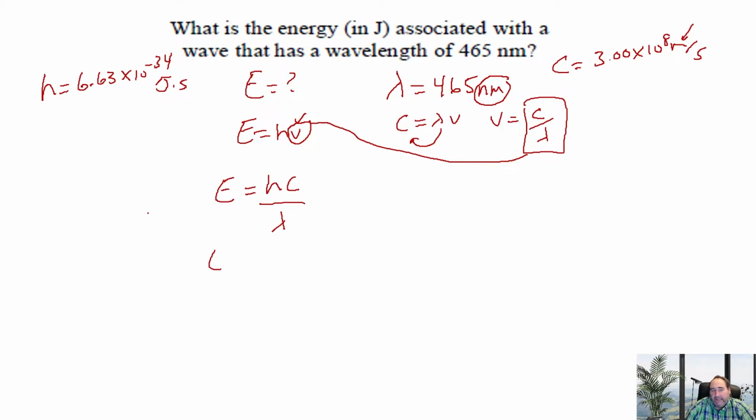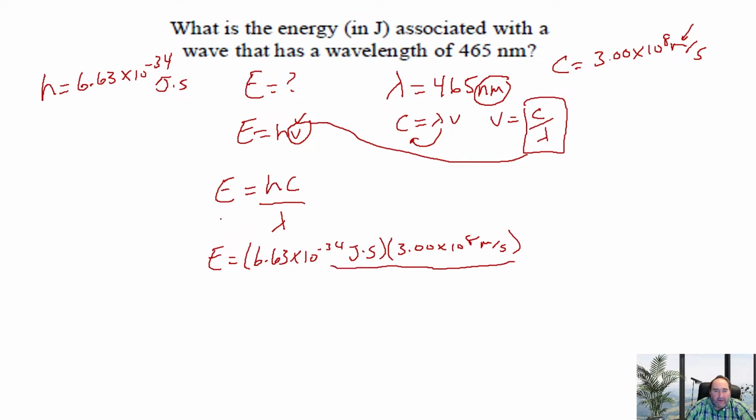So putting these numbers in, our energy is equal to 6.63 times 10 to the minus 34 joules times seconds, times 3 times 10 to the 8 meters per second, and all going to be divided by our wavelength that we do need to convert.